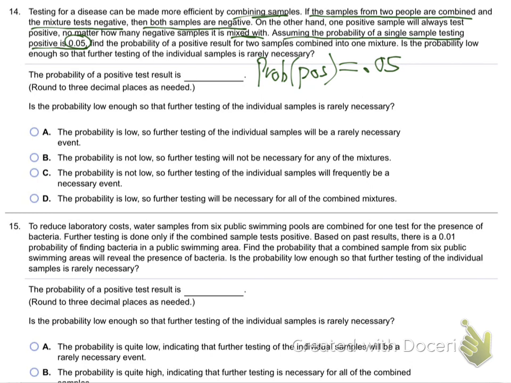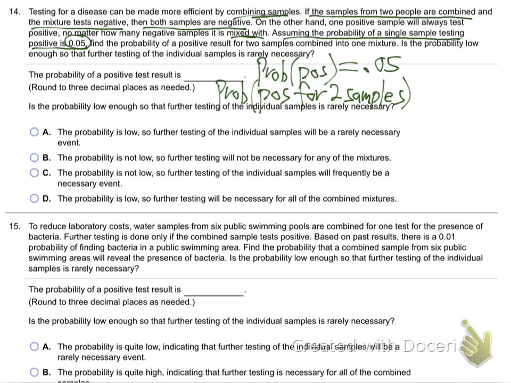Find the probability of a positive result for 2 samples combined into 1 mixture. And the rest is a follow-up question. Let's just go with that first part. So find the probability for 2 samples. There's not any room to write it here. I'll write it here. The probability of a positive for 2 samples.